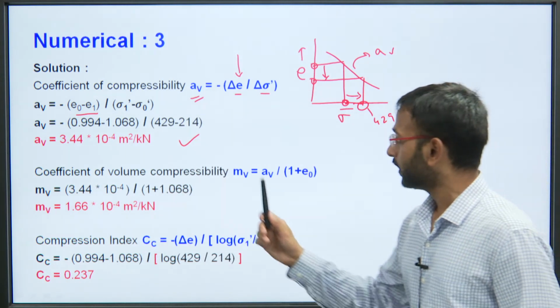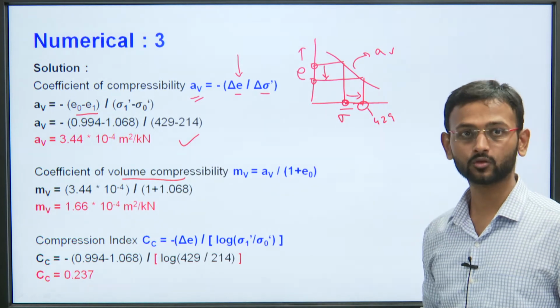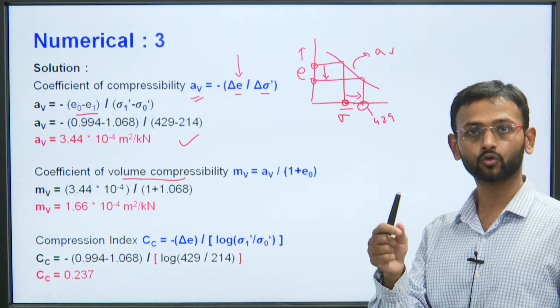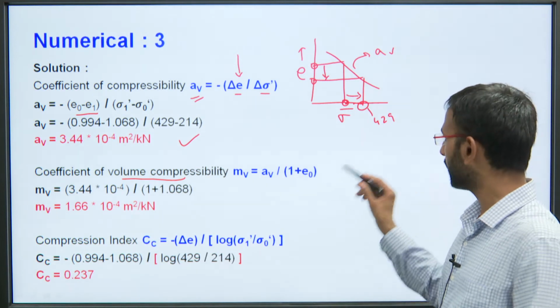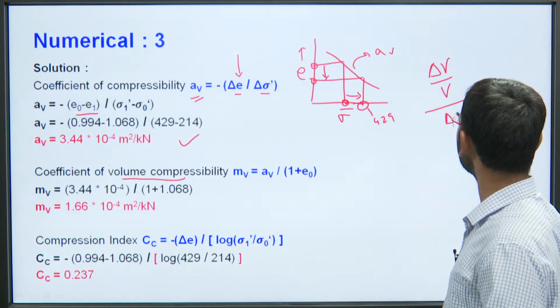Now, listen, we have to talk about the volume compressibility. You should remember what volume compressibility is. It was m v, the change in volume. If you remember, it is delta V by V per unit change in effective stress.